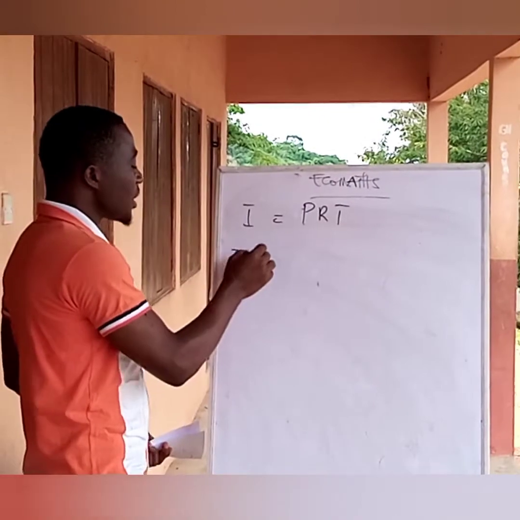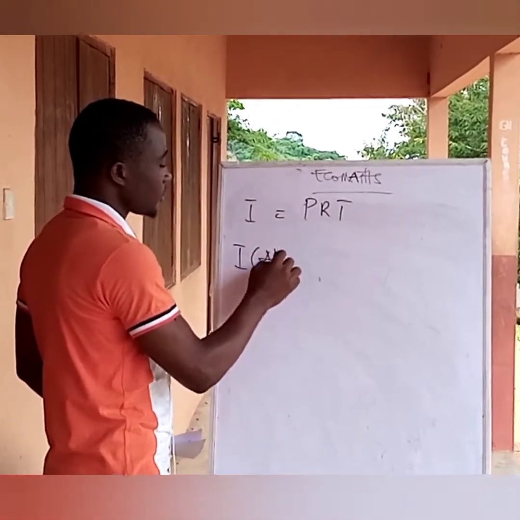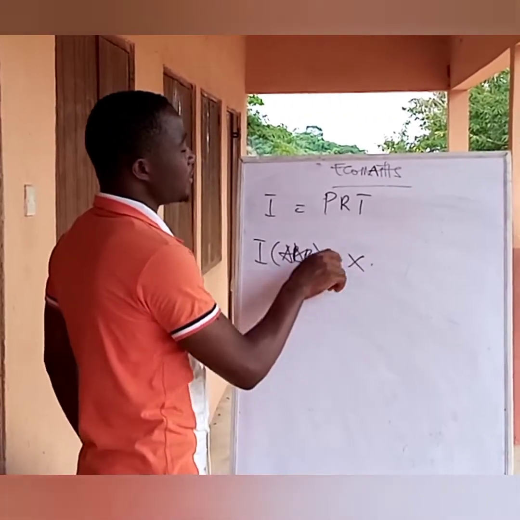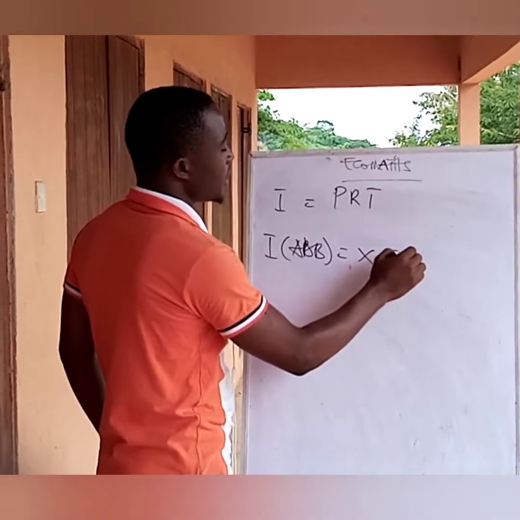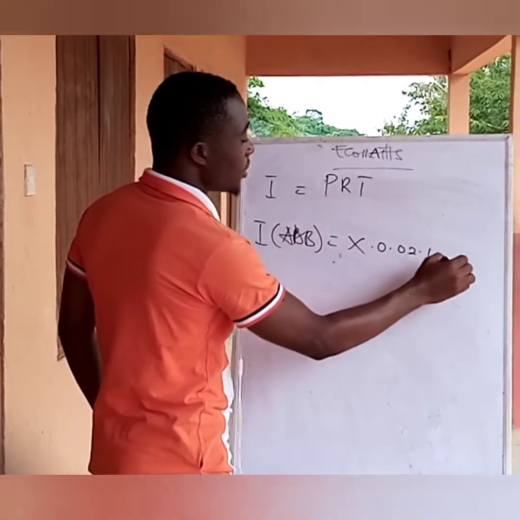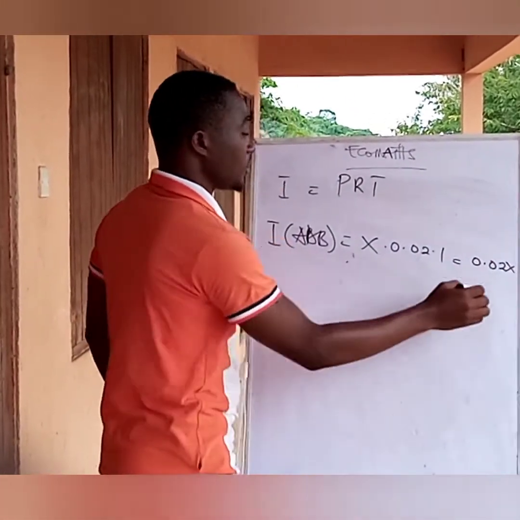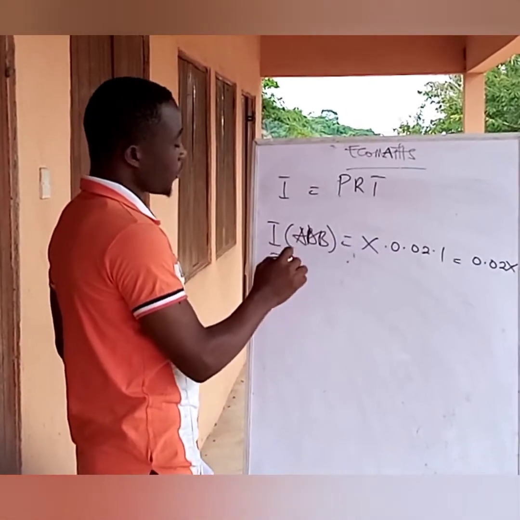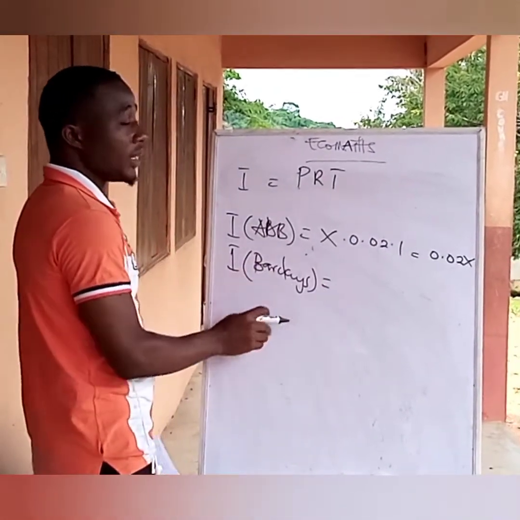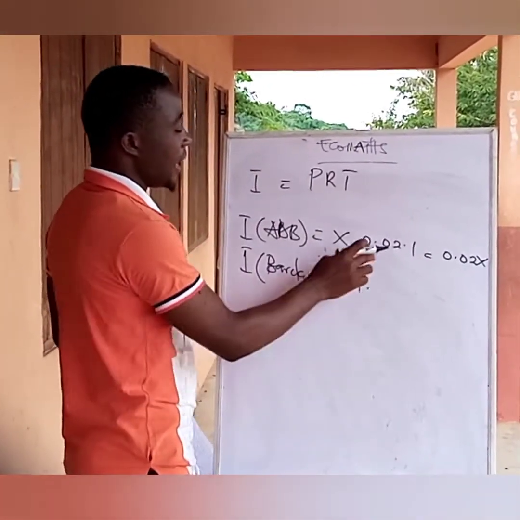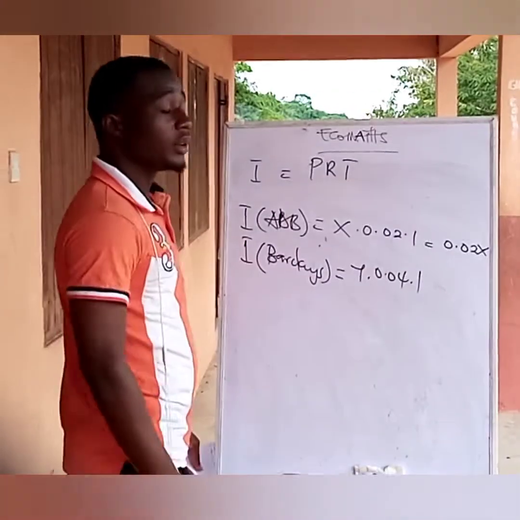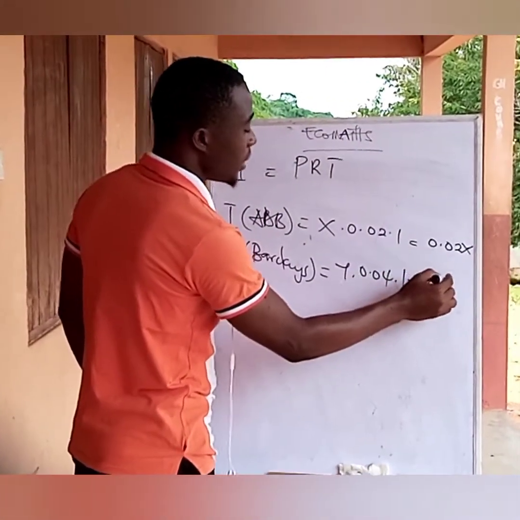So for interest for ADB, the principal is X, multiplied by the interest rate, which is 0.02, and the time period is 1. So you get 0.02x. Then interest for Barclays: the amount invested is Y, the interest rate is 0.04, and the period is 1, so you get 0.04y.